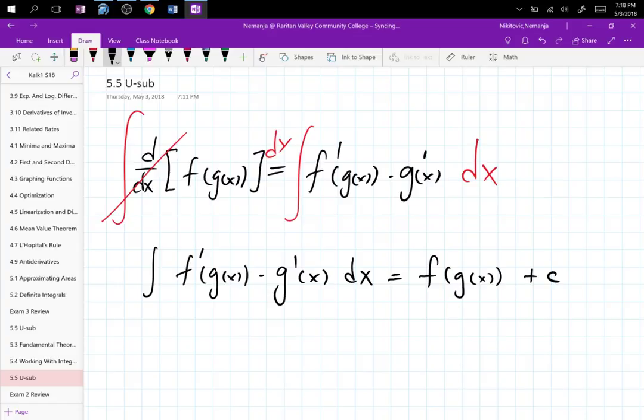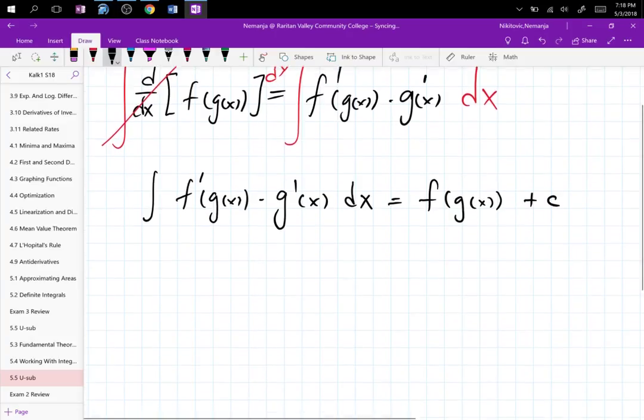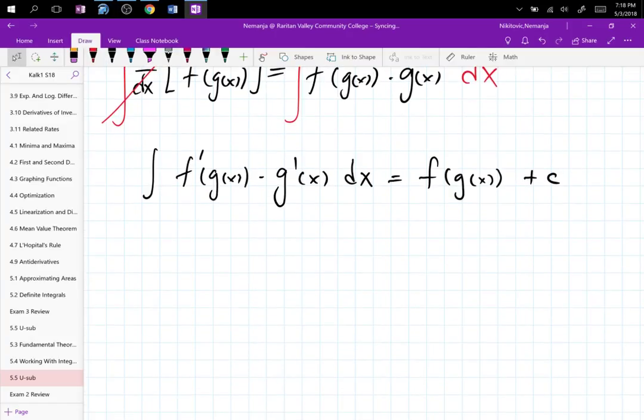We can do plus c, right? Now, it means very little when you write these formulas like this if you are not able to apply it. So we actually learn this and understand this through working out 5,000 examples.